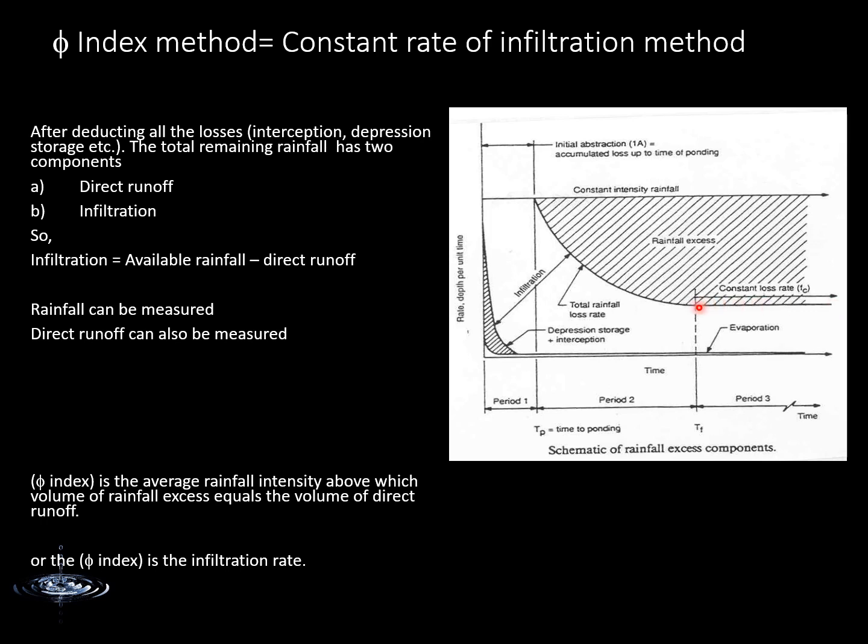That is period 3. So you can divide this into 3 periods: period 1, initial losses; period 2, infiltration starting at the maximum and then ultimately reaching the saturation infiltration; and then the infiltration being constant.